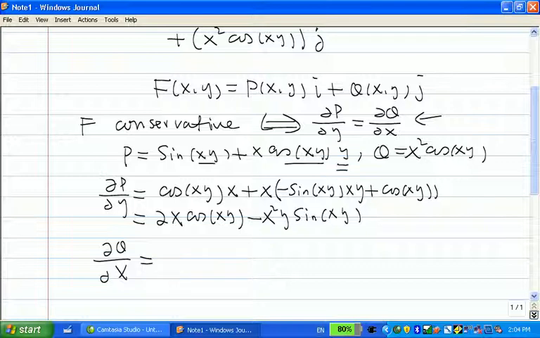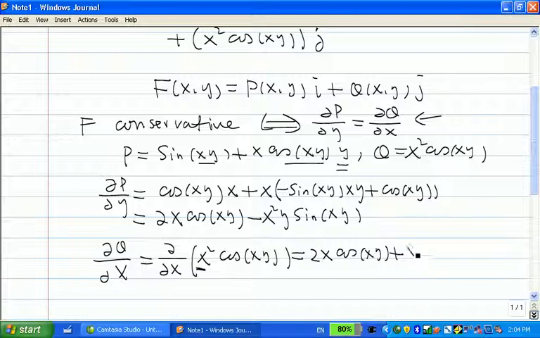My Q is x squared cosine xy, so we take the derivative with respect to x of this function. We need to use the product rule. The derivative of the first term gives you 2x cosine xy, plus, fixing x squared, the derivative of the second one, which gives you minus sine xy, then the derivative of the inside, this time with respect to x, which gives you y there.